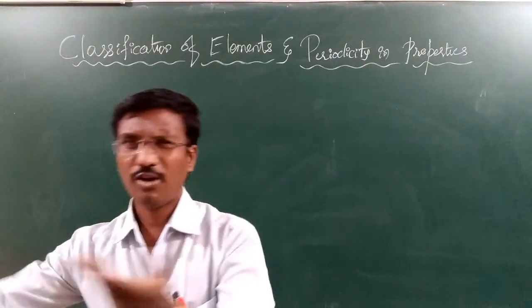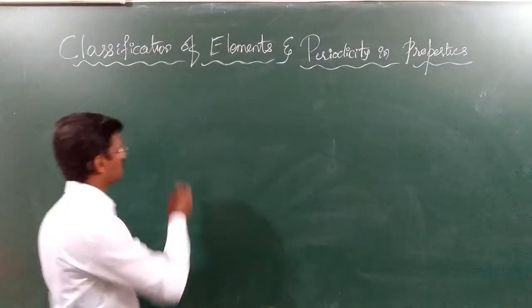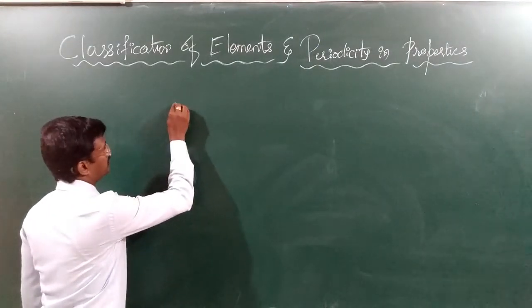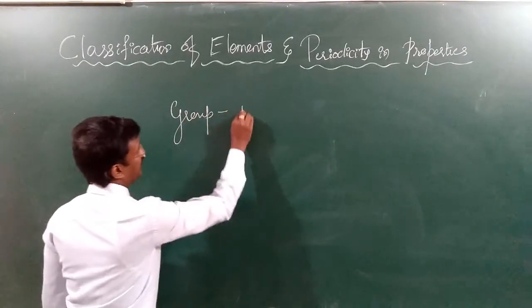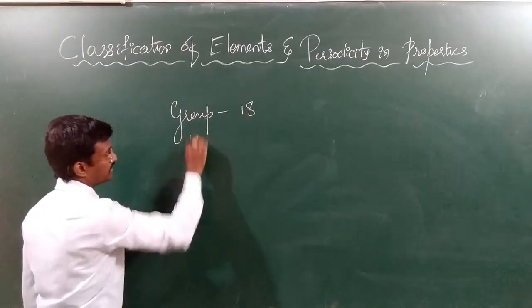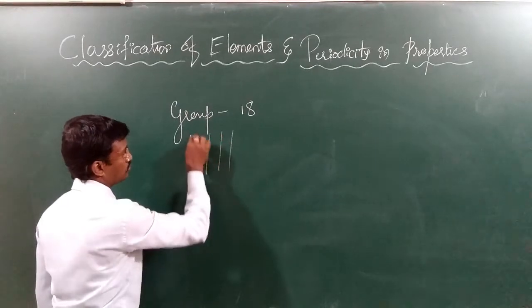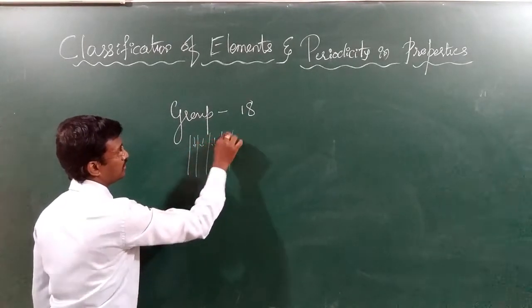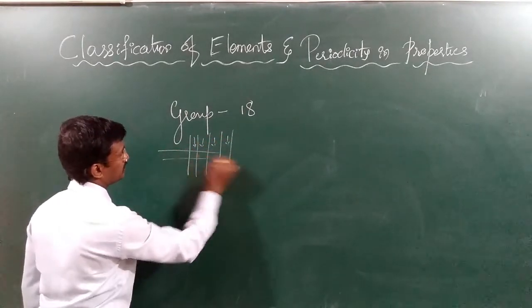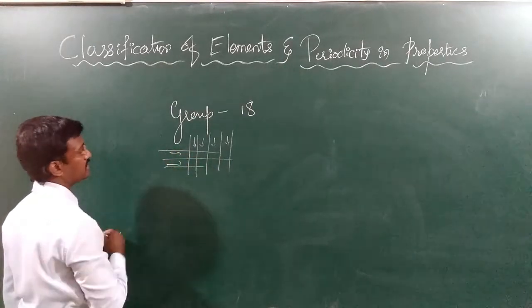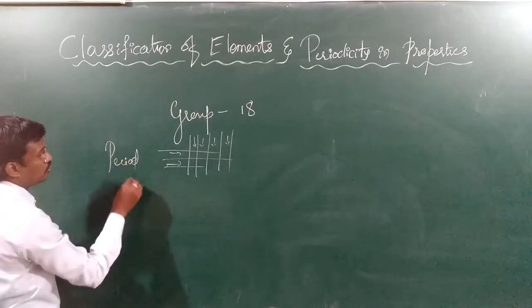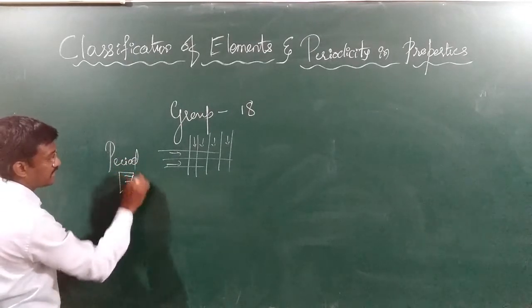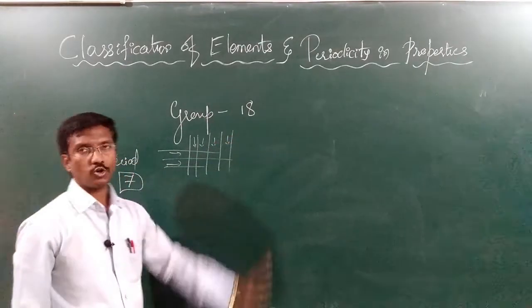Keep in your mind, they will not ask you such questions, but this is a very basic thing to remember. Total groups are 18, and these columns are called groups, whereas these rows are called periods. Total 7 periods and 18 groups.